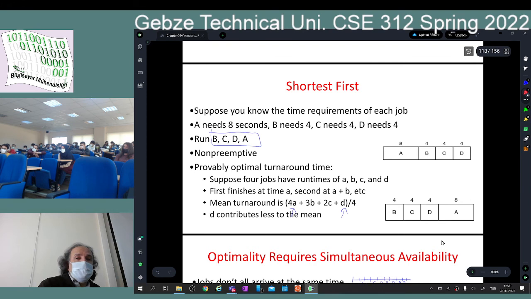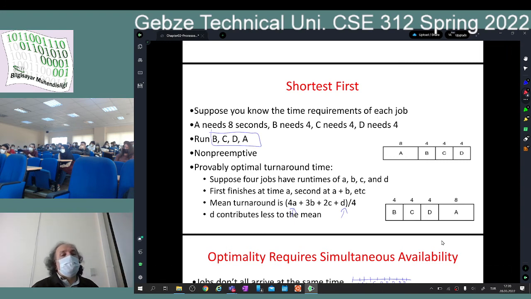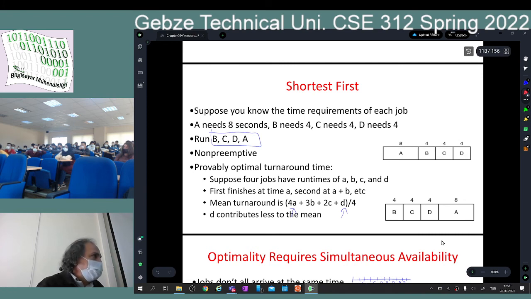So I have to add the runtime of A to this one, and this one. But if I do it the other way, I have to add the shortest one's running time to each of them. That's why, to keep the turnaround time lower, run the shortest one first. Obviously, the total amount of time is going to be the same. I am trying to improve the turnaround time. Okay, and then I will see you tomorrow morning.